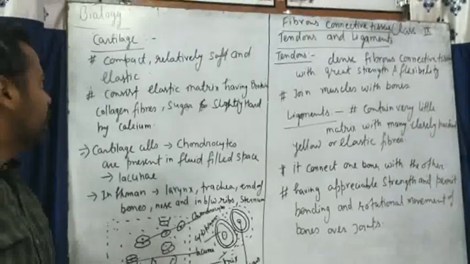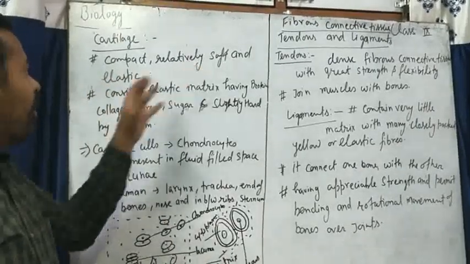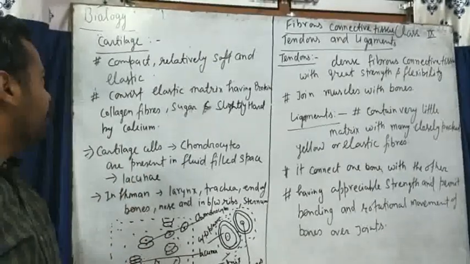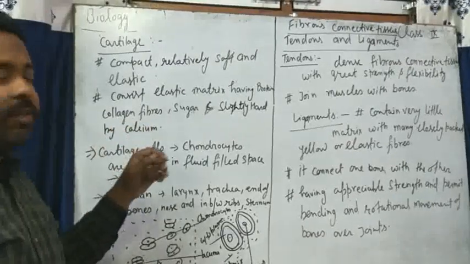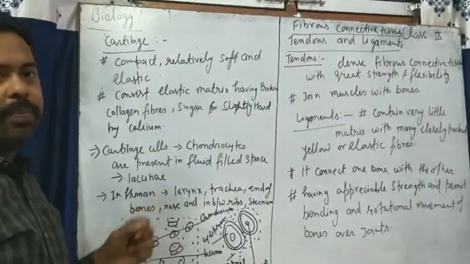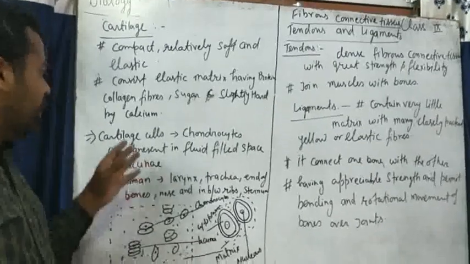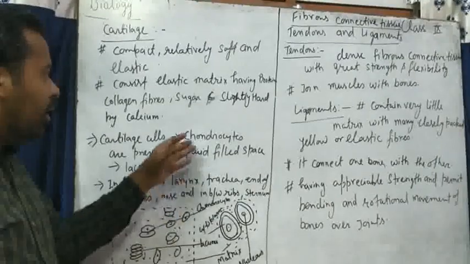Now cartilage. It is a compact, relatively soft and elastic connective tissue. It consists of an elastic matrix, protein, collagen fiber, sugar, and is slightly hard due to the presence of calcium. The cartilage cells are called chondrocytes.